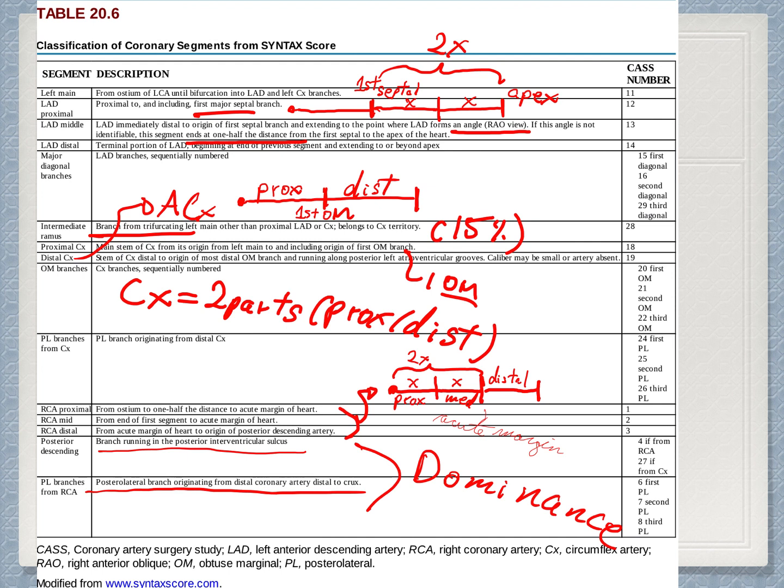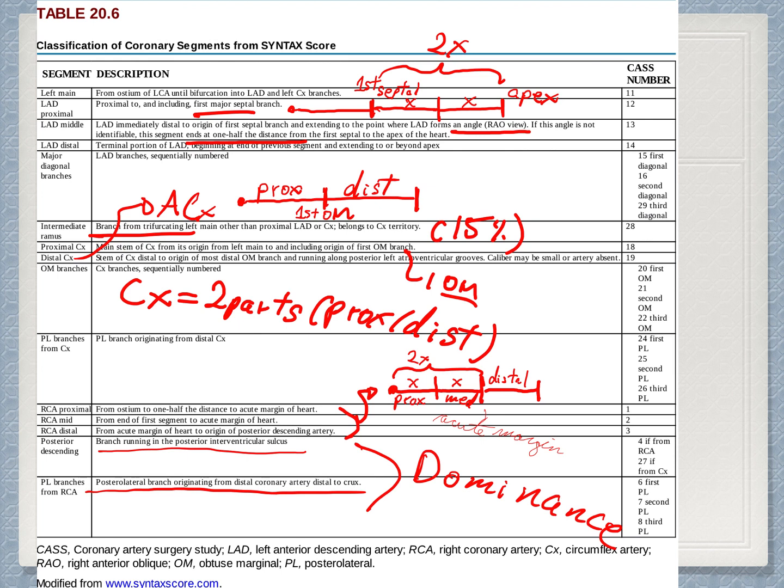It is divided where you find the first septal branch. Anything up to the first septal branch and proximal is the proximal segment.